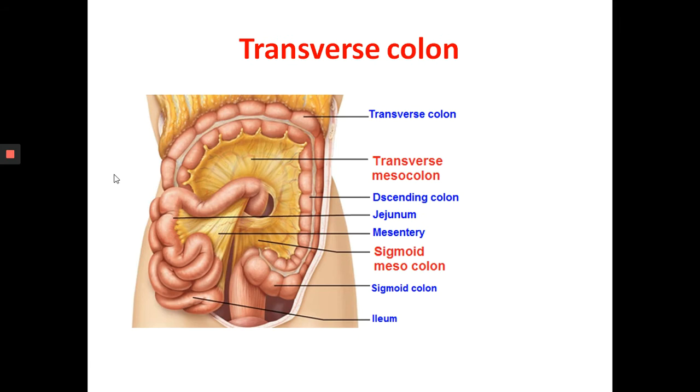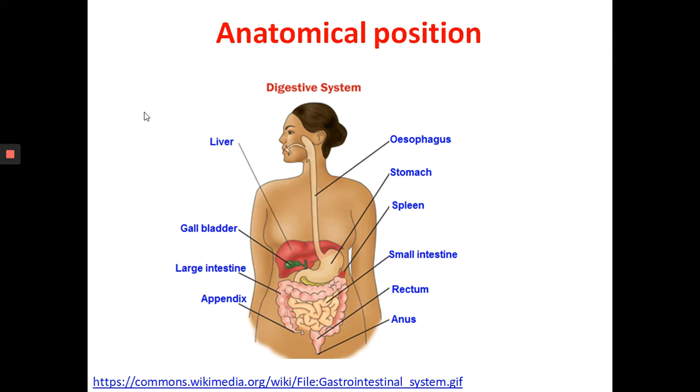When the ascending colon meets the right lobe of the liver, there is a 90-degree turn horizontally. This turn is known as the right colic flexure or hepatic flexure, and marks the start of the transverse colon.